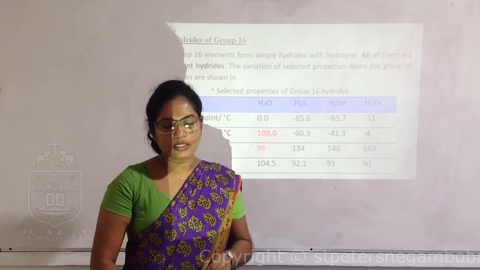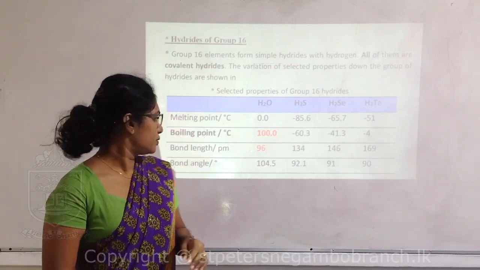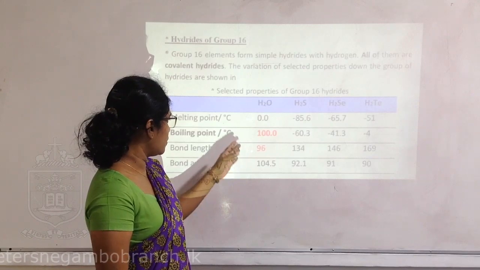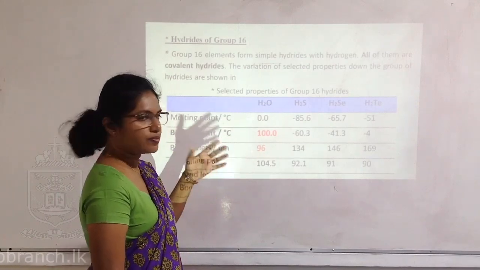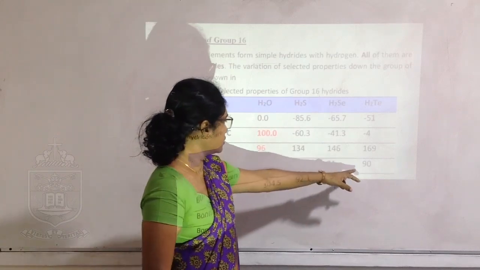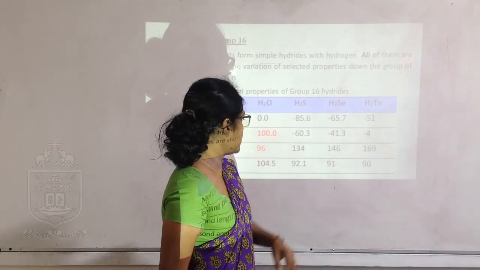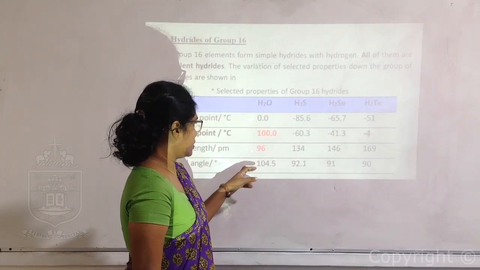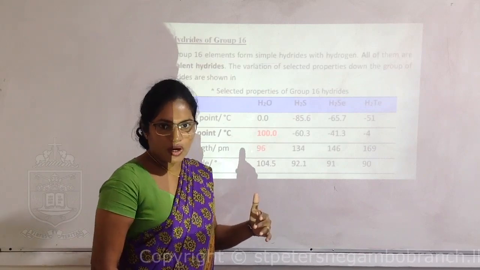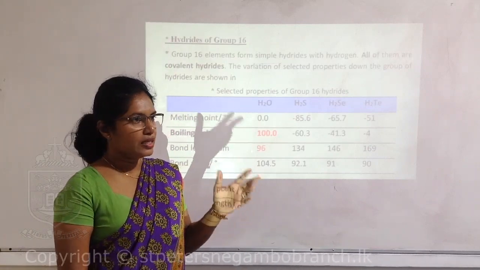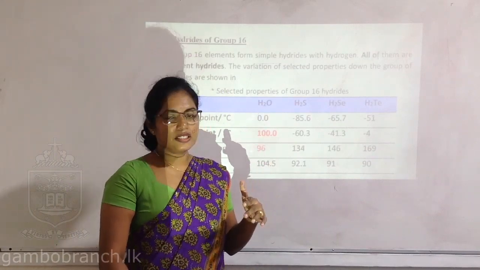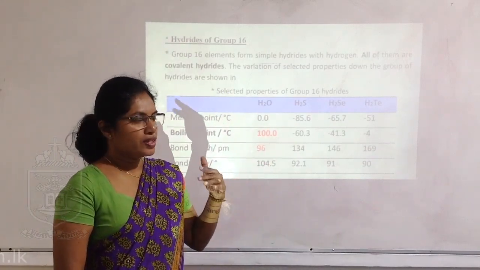And there's another thing, bond angle. Here you can see, when we go from top to bottom in group 16, the bond angle decreases. Why? Because when we go down, as I told you, the electronegativity decreases.